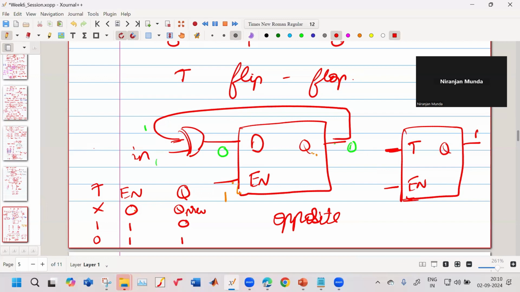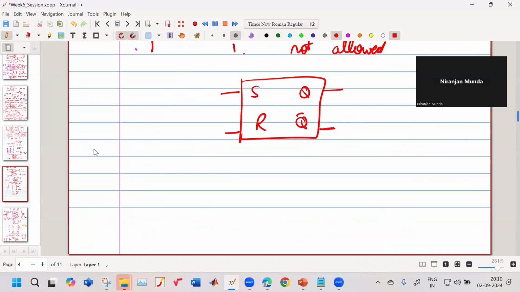So what actually is happening is, if this input over here, or this signal over here, is 1 or high, what do we have in the XOR truth table?